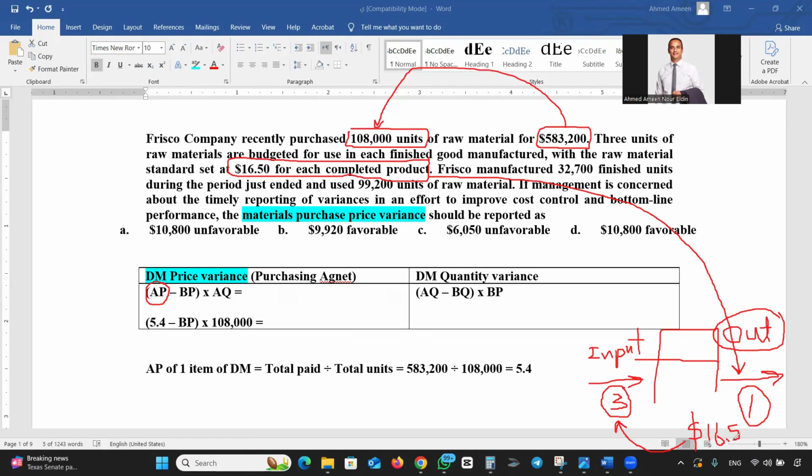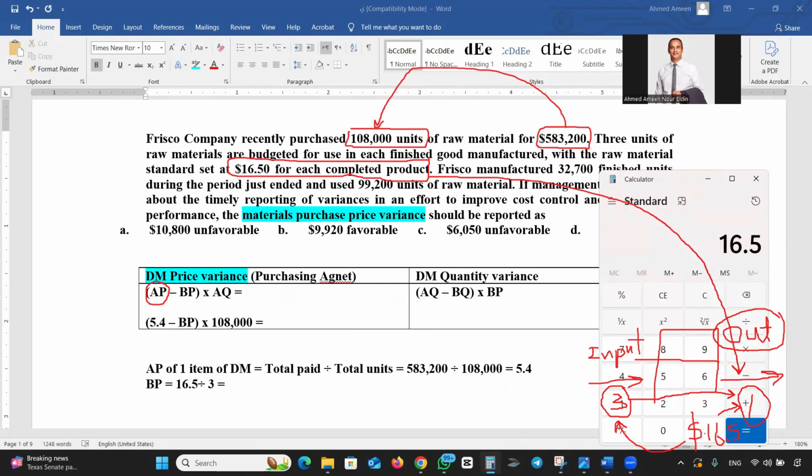Because 16.5 is the total amount of direct material needed to manufacture this product, and this product needs 3 direct materials. So the 16.5 is the total cost of the 3 items of direct material. So the budgeted price per unit will be equal to 16.5 divided by 3, which equals 5.5.